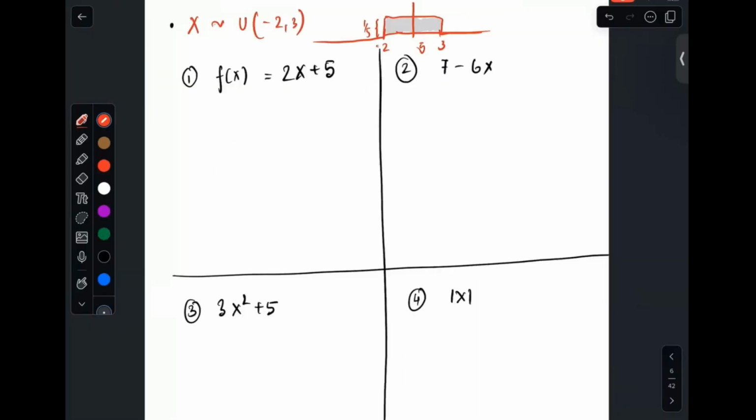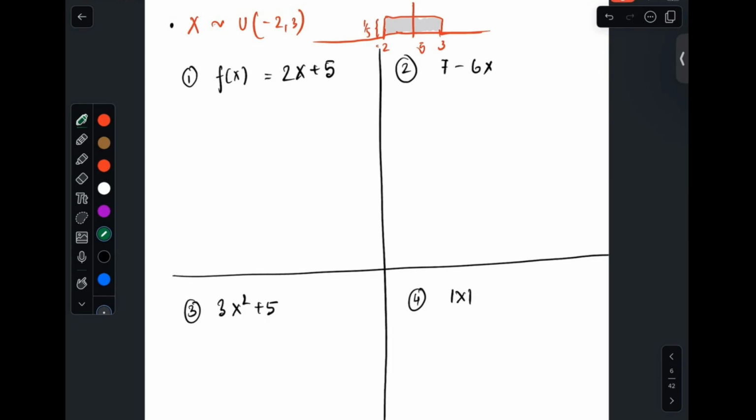Okay, so we should ideally expect a uniform distribution to be equally distributed on its support. This is called the support, where it doesn't take zero values, it takes only non-zero values, because a PDF or a PMF can only take non-negative values. That was one of the conditions, right?